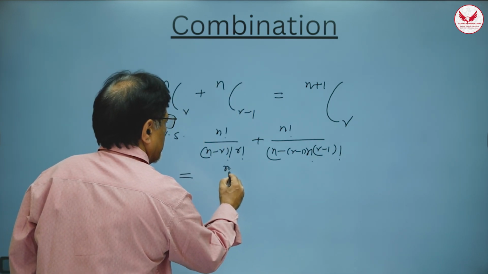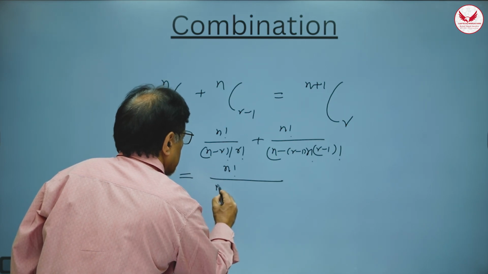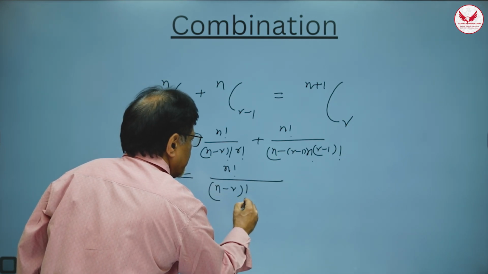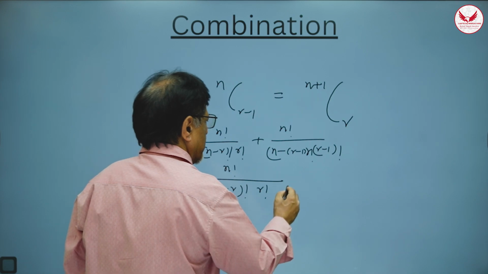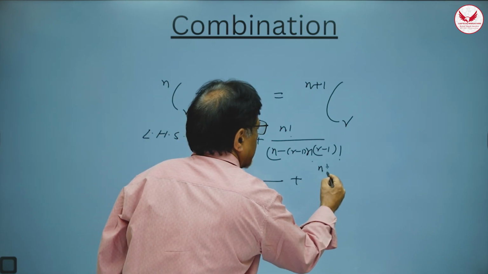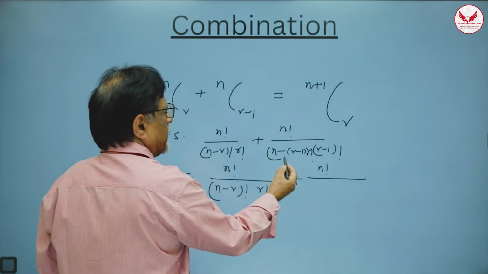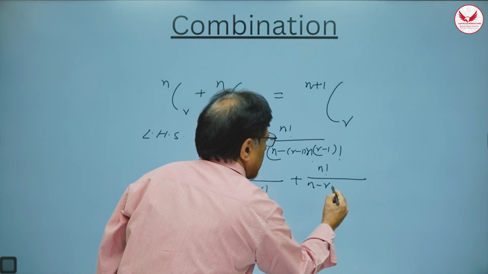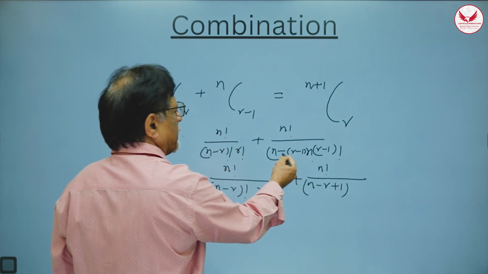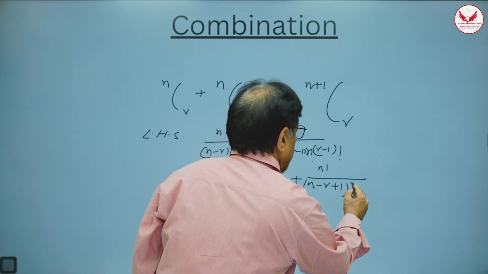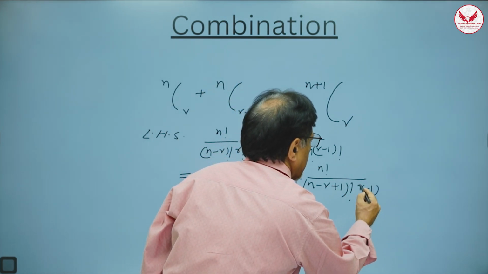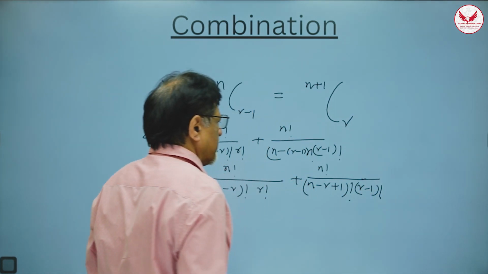That is equal to n factorial upon (n minus r) factorial into r factorial plus n factorial divided by, now this will be n minus r plus 1, right? Because that minus minus will become plus, factorial multiplied by (r minus 1) factorial. Correct?